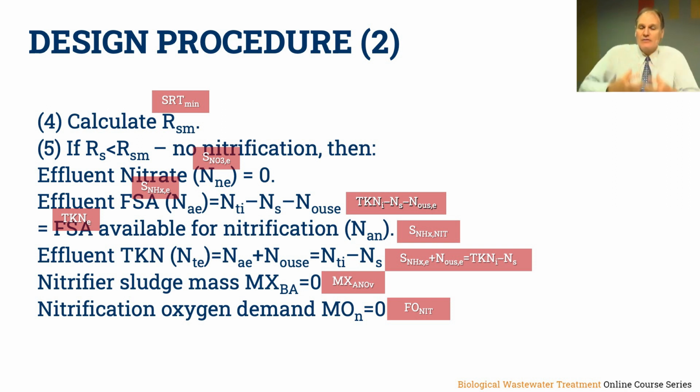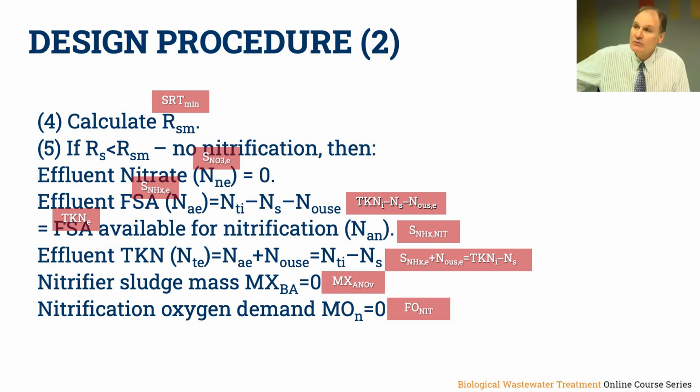minus that amount of ammonia that is required for sludge growth, minus the unbiodegradable dissolved organic nitrogen. This ammonia concentration, when there is no nitrification, is in fact the ammonia concentration that would be available for nitrification if it could take place.